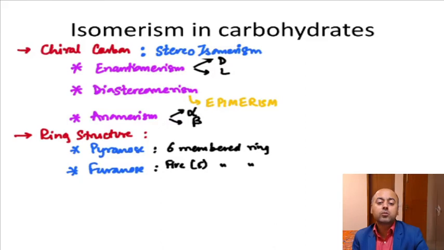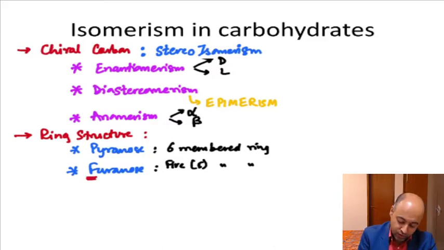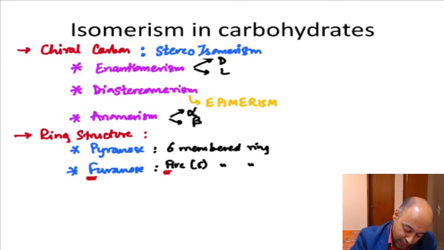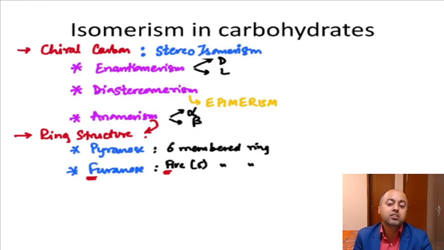How to remember this? F for furanose, F for 5. So 5-membered ring for furanose, 6-membered ring for pyranose. Please note, anomerism is seen only in the ring structure. In linear structure, anomerism is not seen.